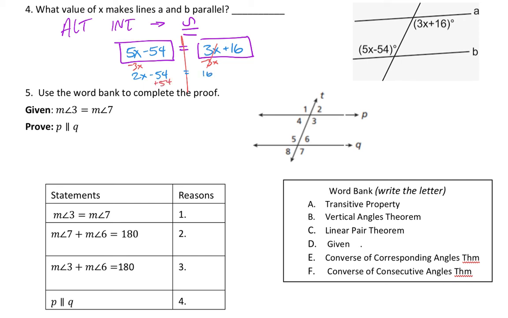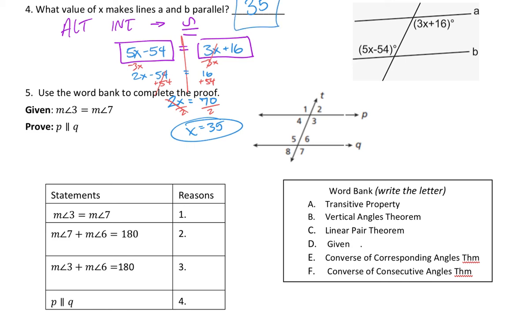Algebra. So I got 2x equals 70, so x would equal 35. Not degrees, just 35. I could go back and plug that in, 5 times 35 minus 54, and see what those angles are, but I don't really have time for that. X is 35.